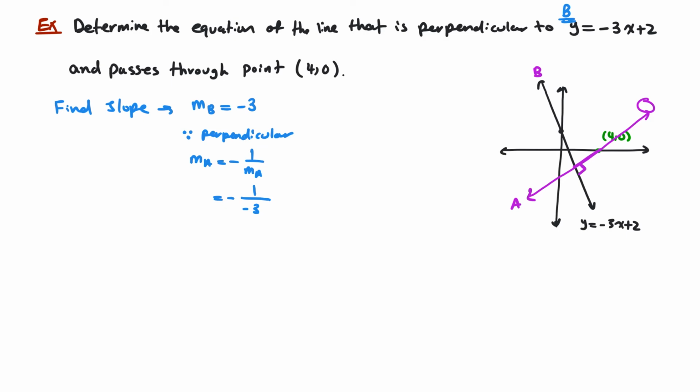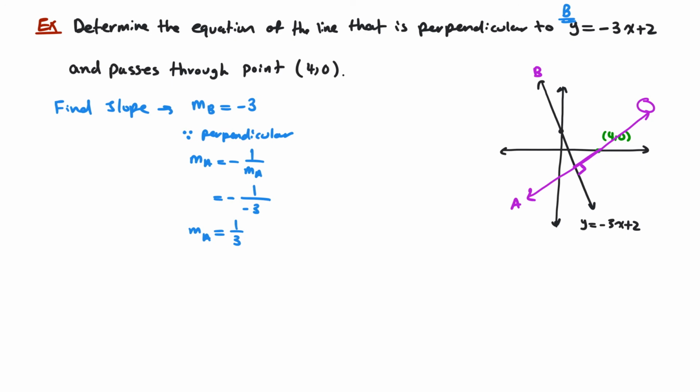I have two negatives which cancel out, and I'm left with 1 over 3 as my slope, which makes sense. You can see that the slope for our line will be much shallower than this slope over here, so 1 over 3 makes sense. And we can see that this new line has a positive slope, whereas this one had a negative slope. So that's a good check right there.